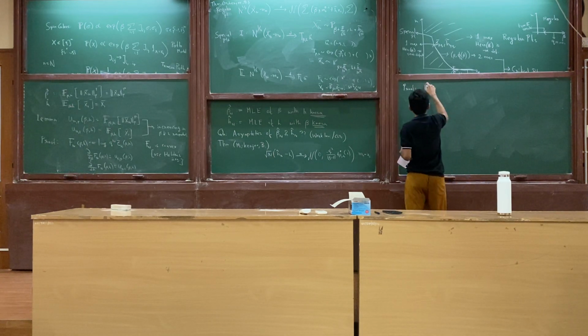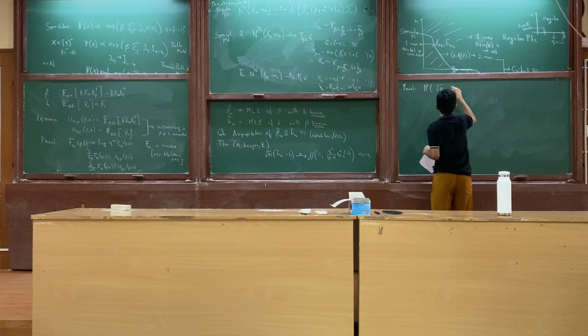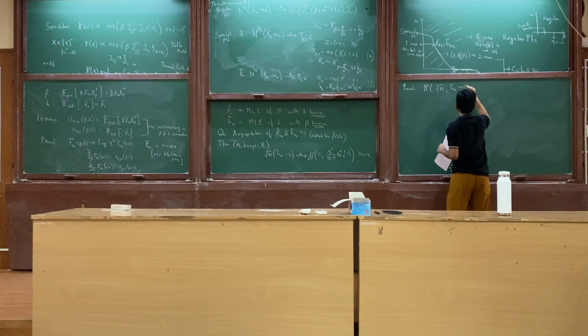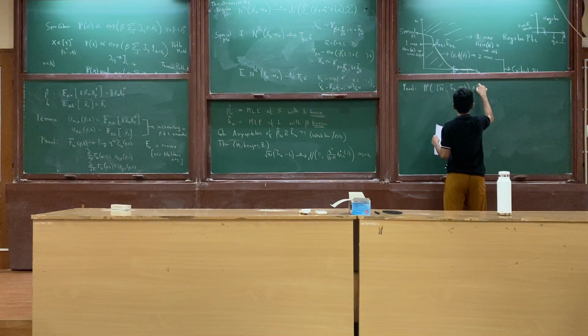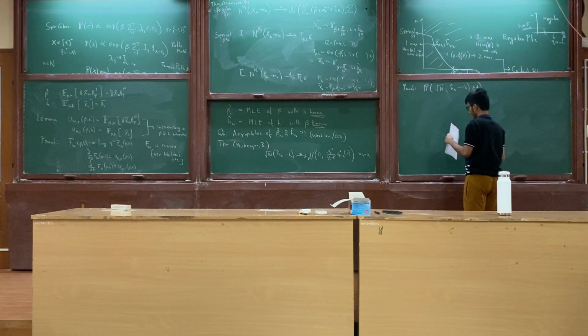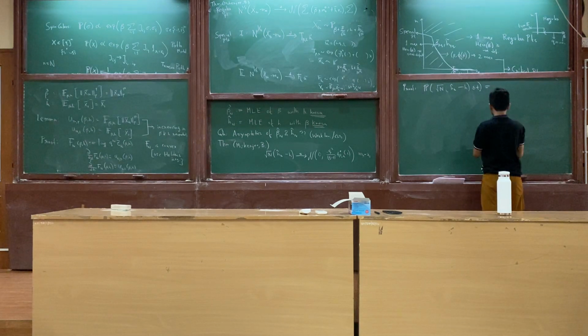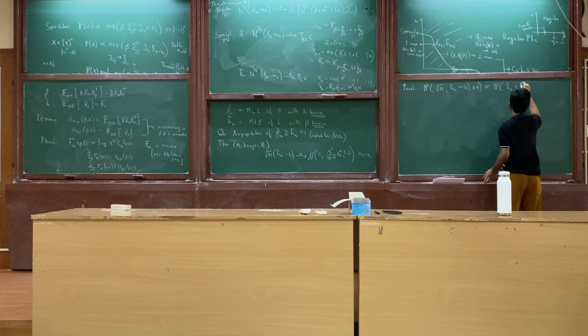So we go back to the definition. Now we'll do a rearrangement. The probability is equal to h plus t by root n.